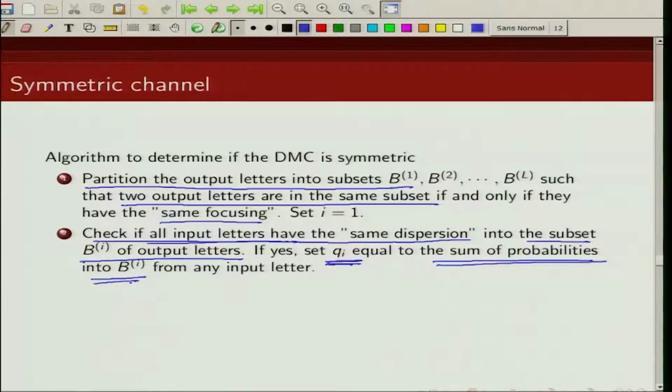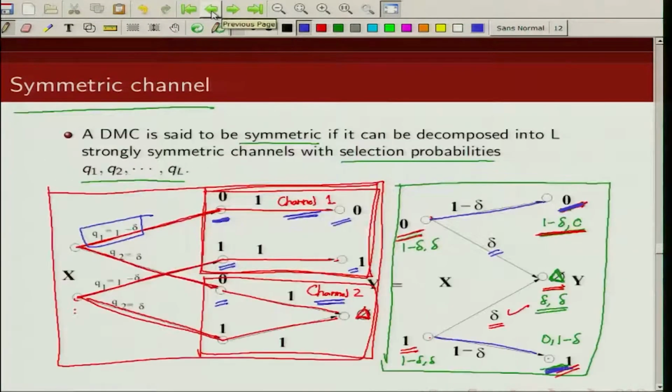Once we know these selection probabilities Qi, the rest of the probabilities we can easily find out, because we know the transition probability, for example, from this input to this output should be this times this, which is this quantity. So we can find out all these transition probabilities by mapping the transitions from each input of this channel to this channel.